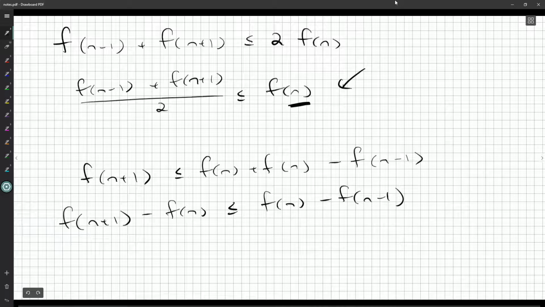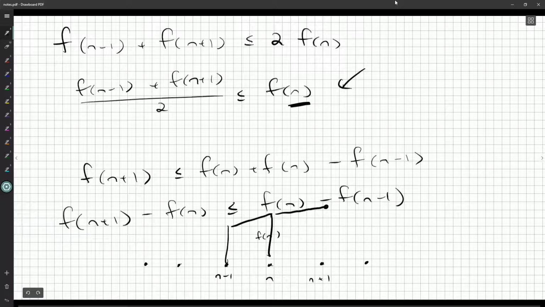But what's this saying? Well, if you imagine the function on a little bit of a line, because it should be on the integer number line, and you've got n-1 and n+1. The step up that you go from here has to be no more than the step up you go from the previous one.